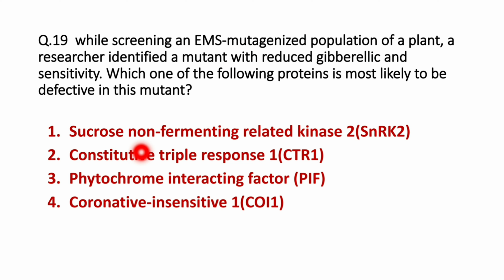Options are sucrose non-fermenting related kinase 2 SnRK2, constitutive triple response 1 CTR1, phytochrome interacting factor PIF, coronatine insensitive 1 COI1. The right answer is option 3, phytochrome interacting factor PIF.